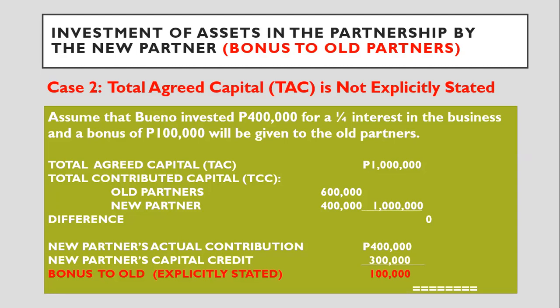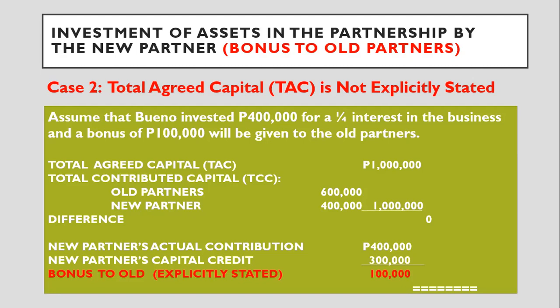Take note, the total agreed capital is not explicitly stated, so it has to be understood that whatever is the actual contribution of all the partners will be their total agreed capital. So it's 1 million, and the total contributed capital is 1 million, so a zero difference. To determine to whom the bonus will be given, it's stated in the problem that the bonus of 100,000 will be given to the old partners.